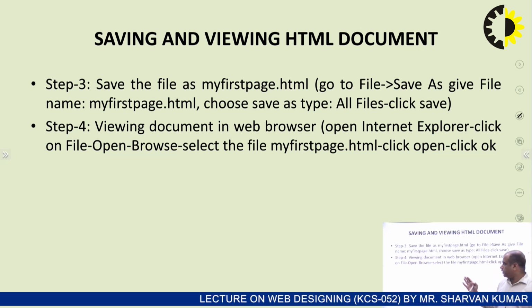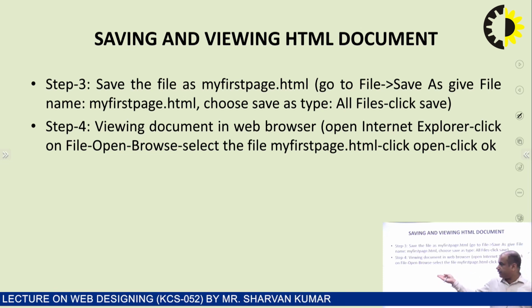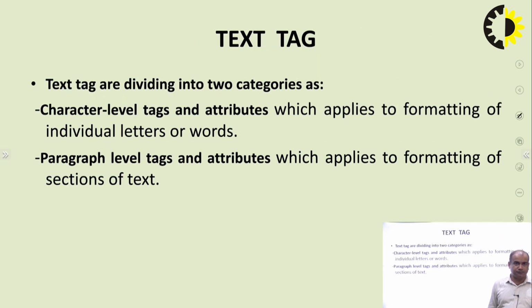It will automatically open in the browser, or we can go to the browser, choose the file, open, and select the file name. Once it opens, the entire content will be displayed in the browser.